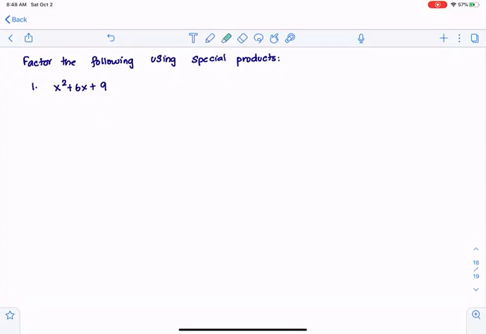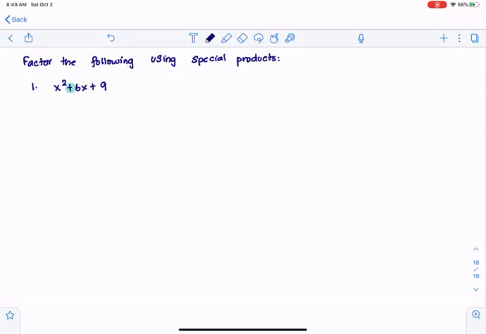So we have x squared plus 6x plus 9, which we intend to factor using special products. So I look at that middle coefficient, which is the coefficient right next to x when it comes to a second degree polynomial, which we all know is a trinomial in most cases.